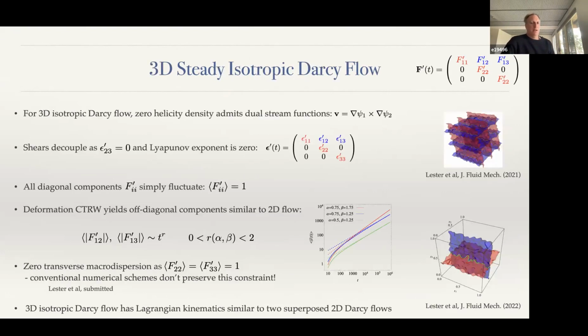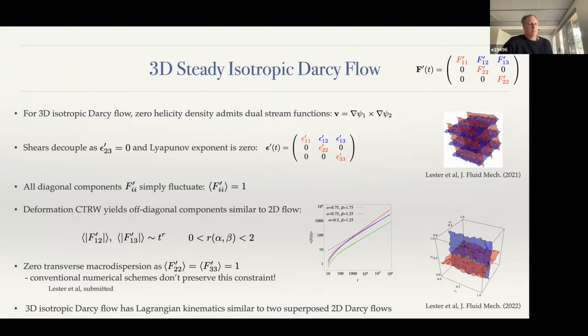When we consider 3D steady isotropic Darcy flow, the picture is very similar. And this is again because these flows have 0 helicity density. They admit these 2 dual stream functions, psi1 and psi2. And for this system, because this flow is helicity free, the 2 shears within the system essentially decouple.